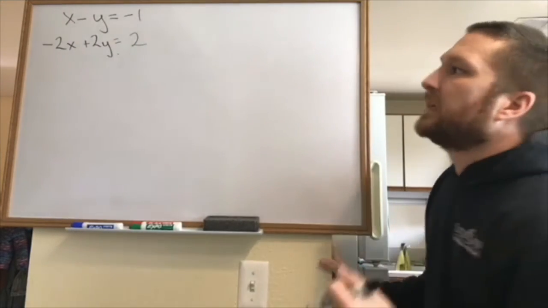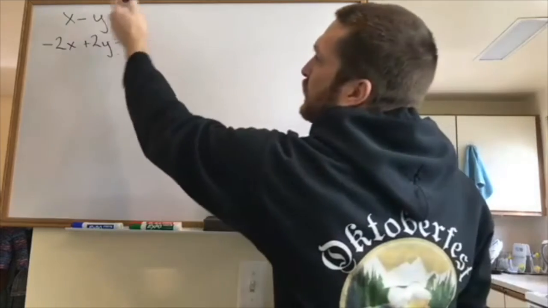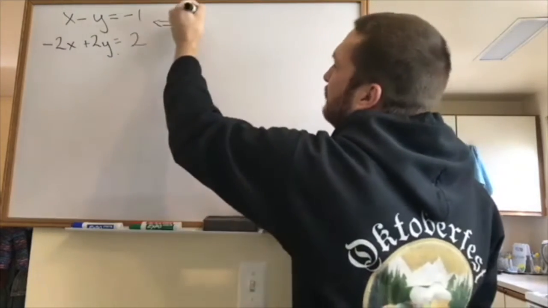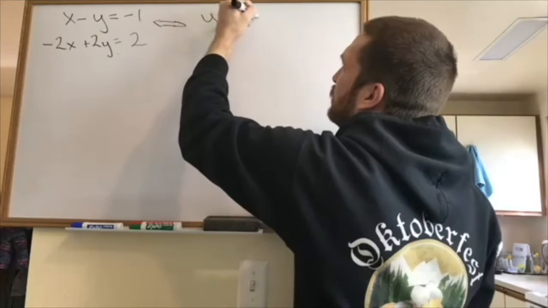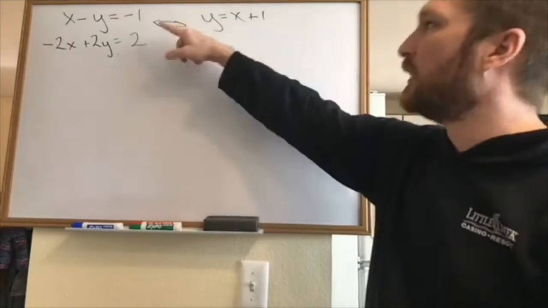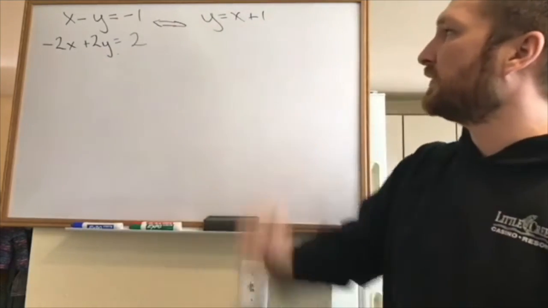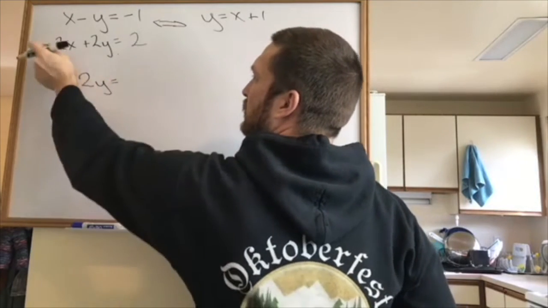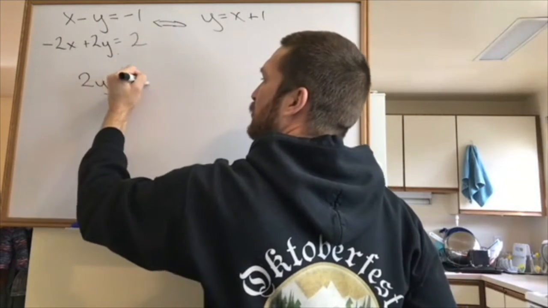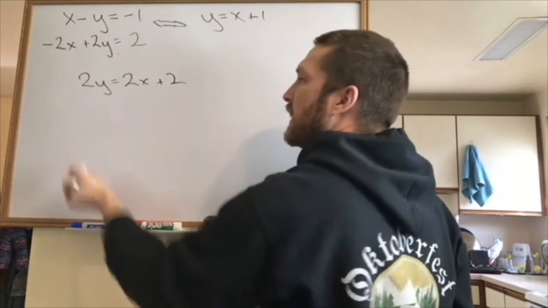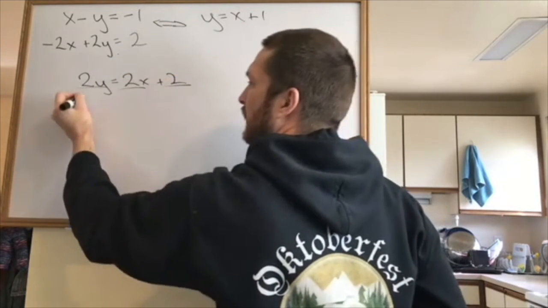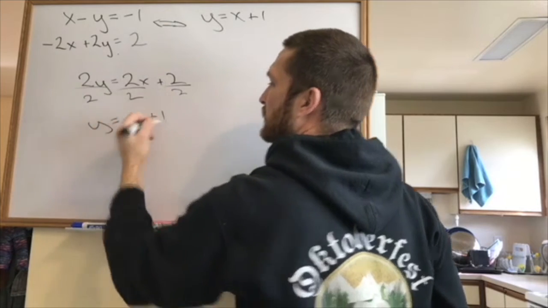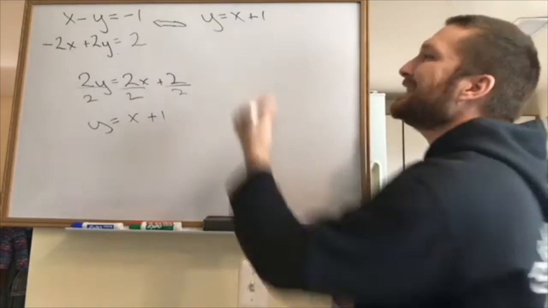Now, in the first case, if we were going to put this into canonical form, we would have, like we had last time, y equals x plus 1. I can bring the y over, bring the 1 over, and you get that. Now, in this case, we would have 2y equals, bring the -2 over, 2x plus 2. Divide everybody by 2. And we get y equals x plus 1, oh, hello, that's the same line.